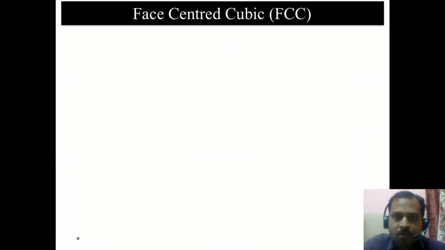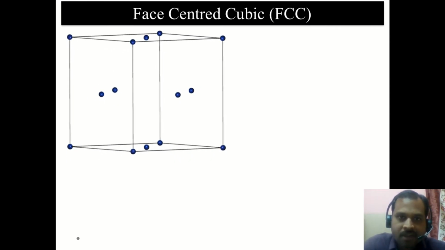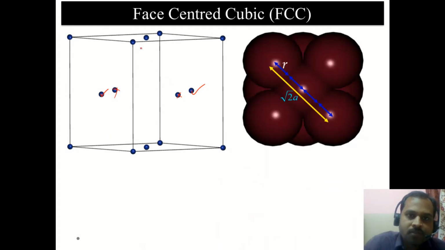Now let us come to the face centered cubic structure. This is how the unit cell for the FCC lattice looks. Here we can see that at each face we have lattice points. The moment we fill it with the atoms, this is how each face will look. This is the center atom, and these are the corner atoms.